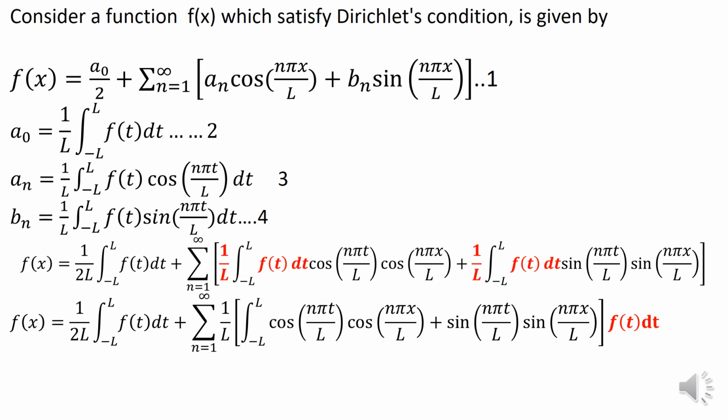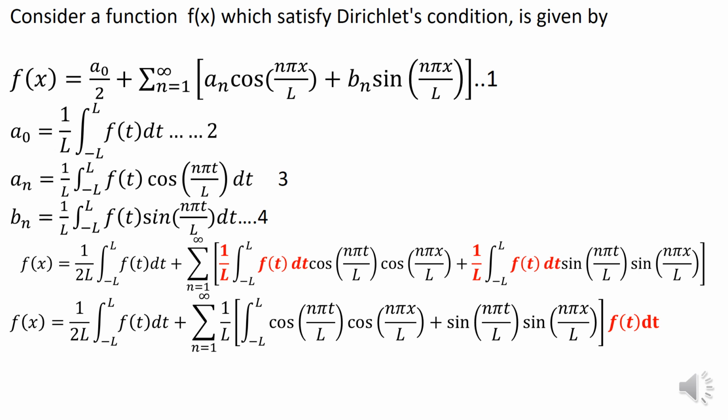Here a0 can be written as 1/l integral from -l to +l of f(t) dt. Similarly, an can be written as 1/l integral from -l to +l of f(t) cos(n pi t / l) dt, and similarly bn is equal to this one.